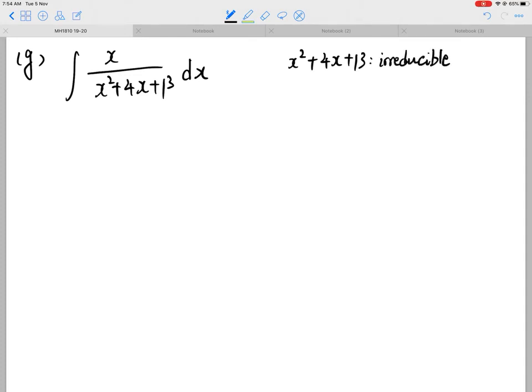The bottom is irreducible because your b squared minus 4ac is smaller than 0. So what should I do? If the top is a constant, it's much easier. We can do what we did in part F. But the top is x. I don't want this x.